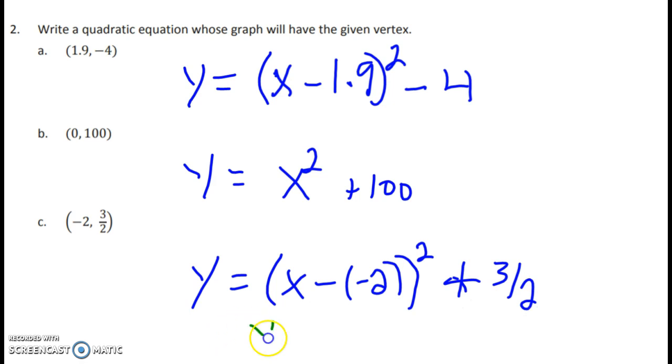So when I simplify that, x minus negative 2 becomes x plus 4. No, it doesn't. It becomes x plus 2, squared plus 3/2.